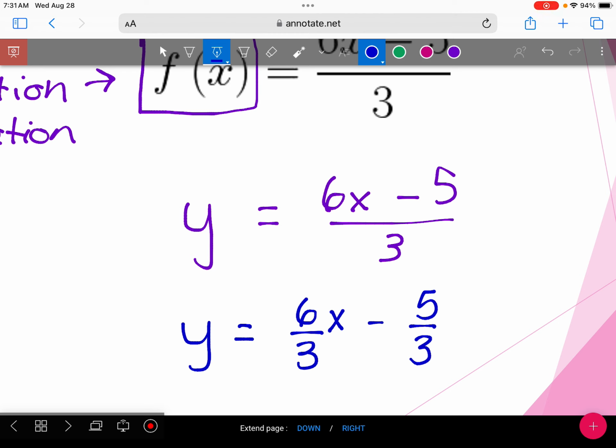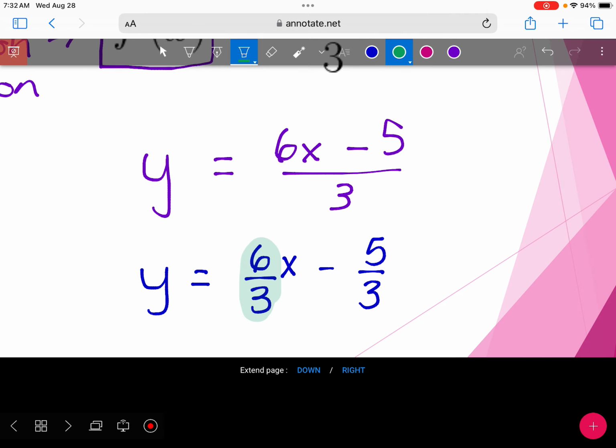We have to have common denominators to be able to combine them, right? Does that help us see anything? Look at this piece. 6 over 3. Yeah, 6 divided by 3 is 2.